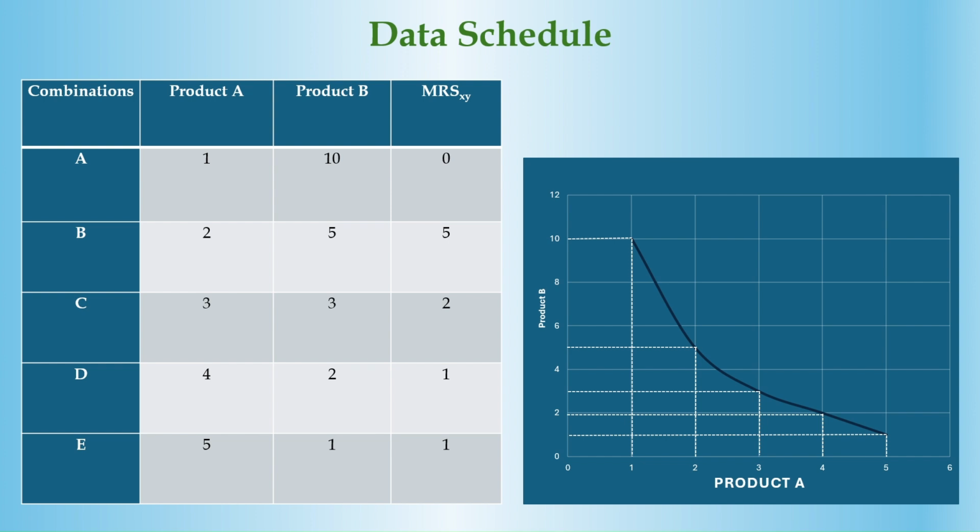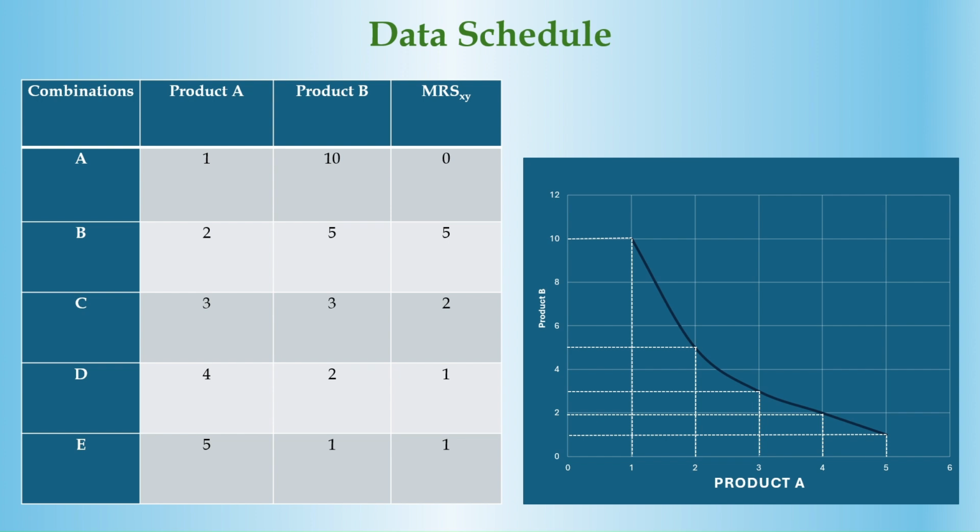Why does a consumer have to give up units of product B? Because they have to keep the same satisfaction level. As we have seen in the indifference curve, a consumer has to maintain the same level of satisfaction, so he cannot increase his consumption by his will.